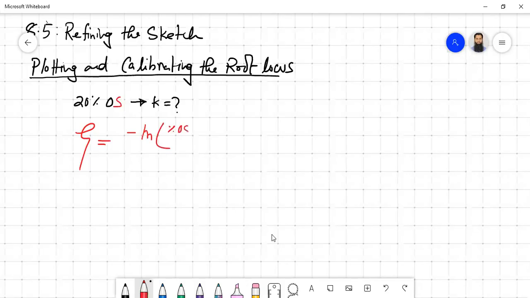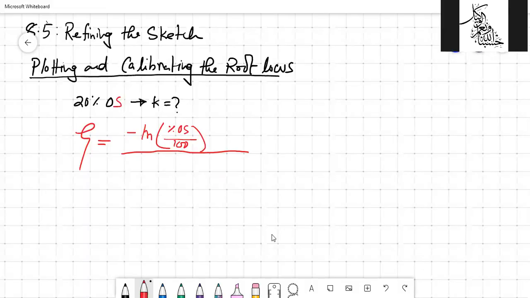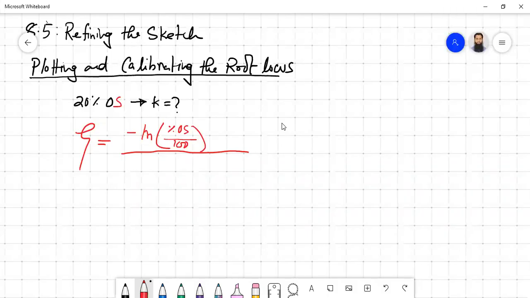Last year, in one of the quizzes, they needed to apply this formula of zeta, but they forgot to review chapter 4. As a result, they faced difficulty in the quiz figuring out the zeta line.